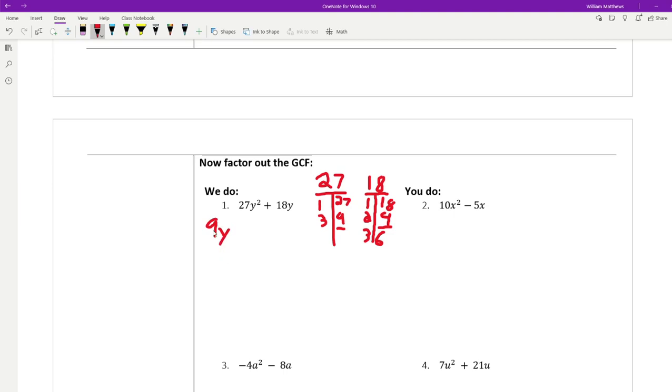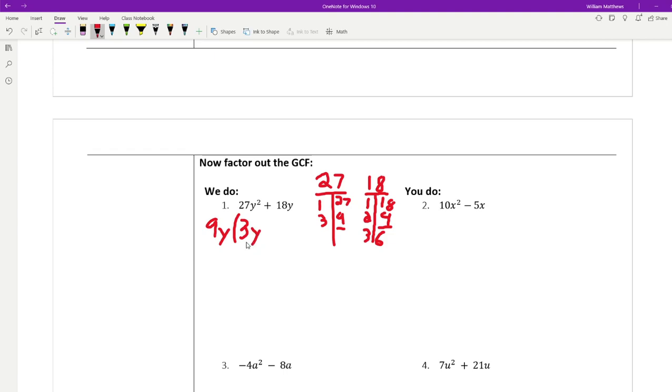So whenever I say I factor it out, what I'm doing is pulling it out of each one of these terms. Now to show that it was factored out, we need to show that it can multiply into each one and what's remaining. So in this case, our 27y squared. What was left was the other y and a 3.